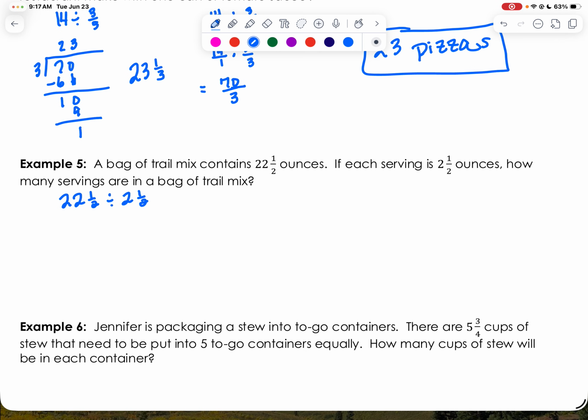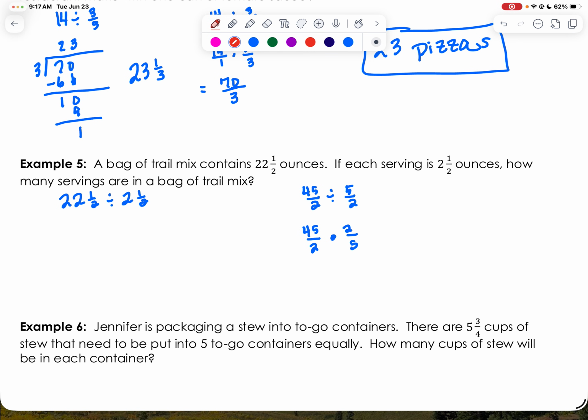So 2 times 22 is 44, plus 1 would be 45 over 2. And 2 and 1/2, 2 times 2 is 4, 4 plus 1 is 5. So this would be 5 over 2. Now I'm going to rewrite that as multiplication by the reciprocal. So this would be 45 over 2 times 2 over 5.